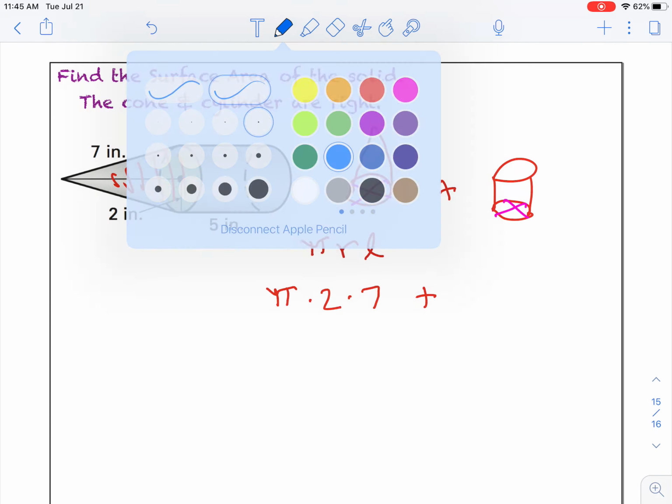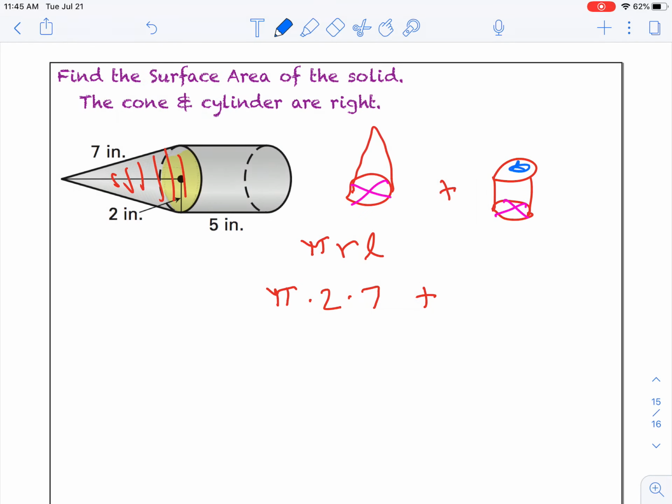Now let's work on the cylinder. I still have one base, so I have pi times my radius squared, so 2 squared, and then I normally have the area of the base times 2, but I just have 1 because the other one's, remember, hidden. And then I have to add that with 1/2 the perimeter of the base times the height.